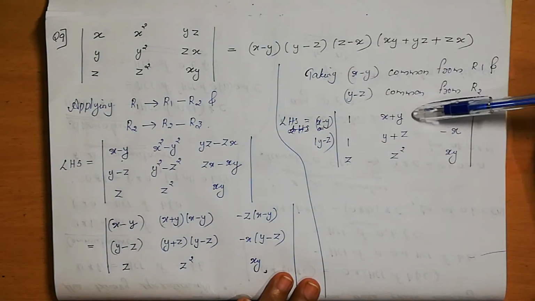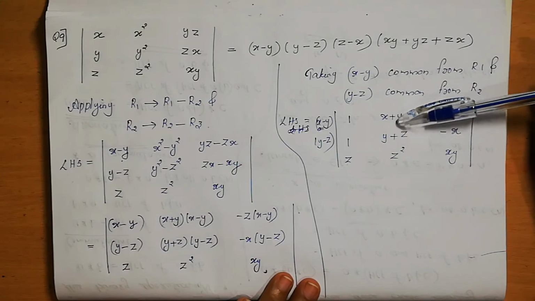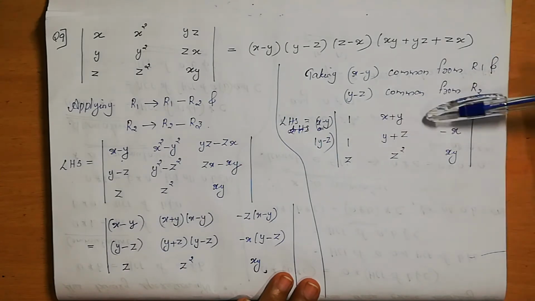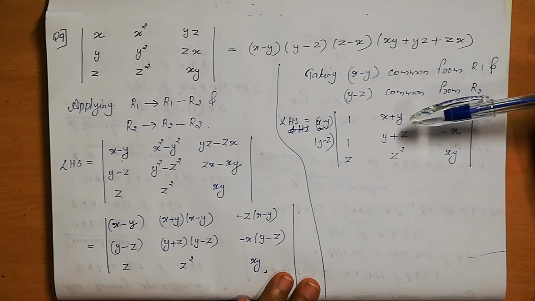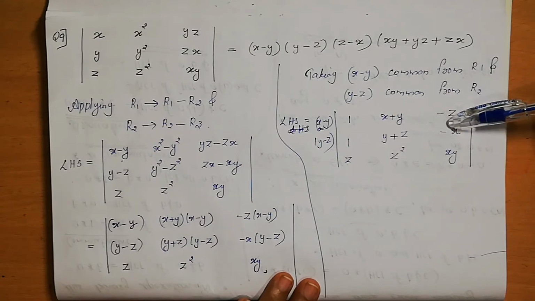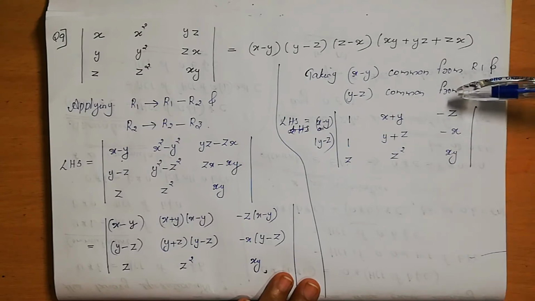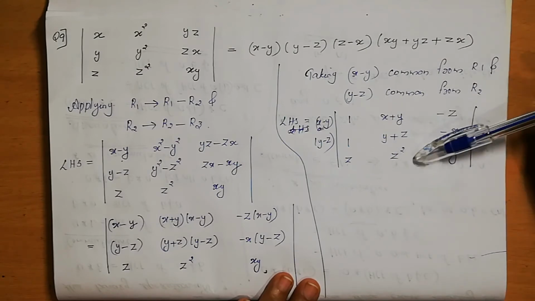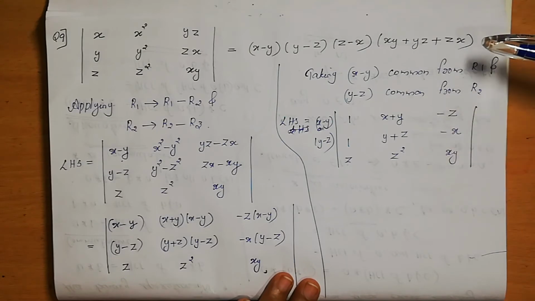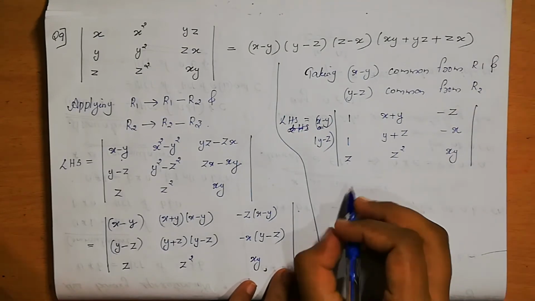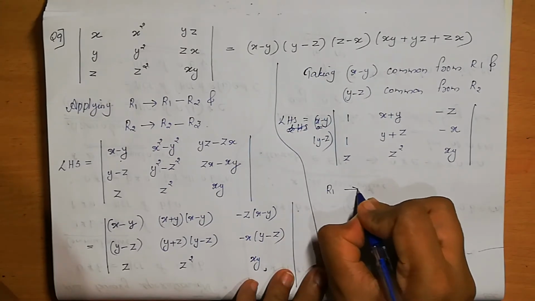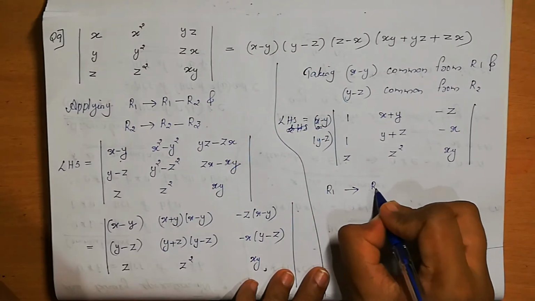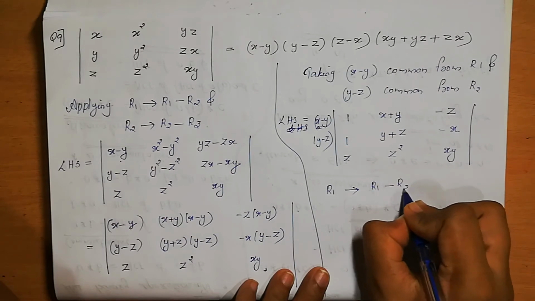Z minus x. See, this R1 minus R2 means the first term becomes 0. This one, y cancel means what we will get? X minus z we will get. Here, minus z minus minus x means z minus x we will get. So, what change we need to apply over here? R1 changing to R1 minus R2. Again we can apply R1 changing to R1 minus R2.